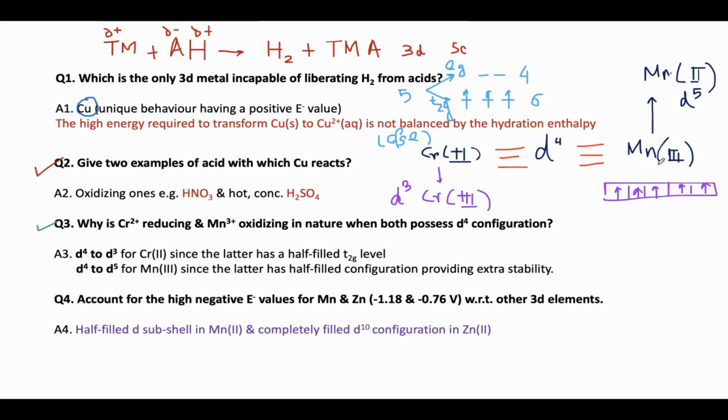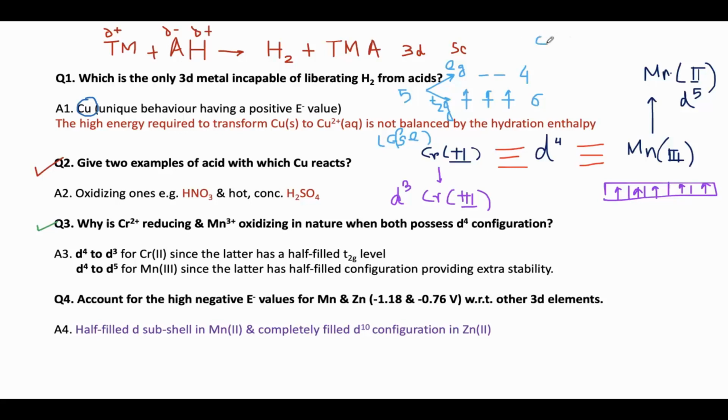But in case of manganese 3, when it was D4, it actually takes up another electron. Because you can see here why it is the anomaly. You see the manganese 3 and this chromium 2. The charge density of manganese 3 is much higher than that of chromium 2, because we are going from left to right in the series, from titanium to zinc.